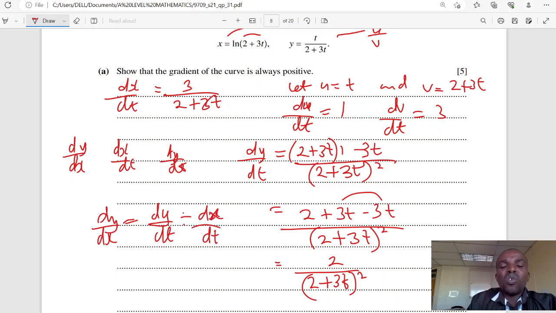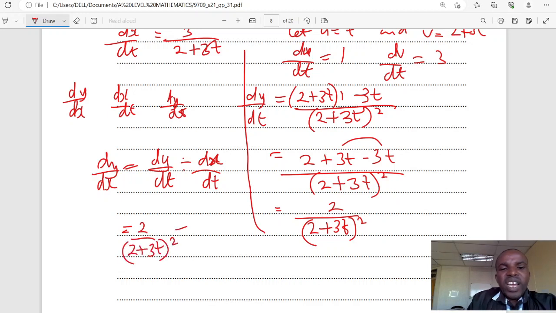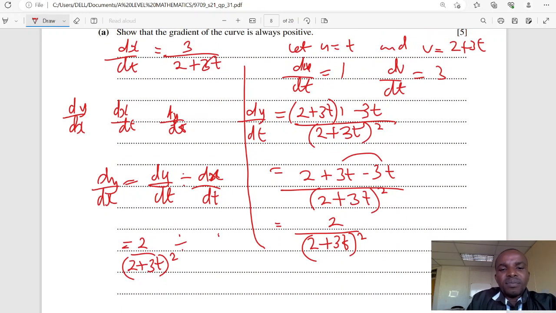So I can take my dy dt, which is 2 over 2 plus 3t squared, divided by dx dt, which is 3 over 2 plus 3t, like this.